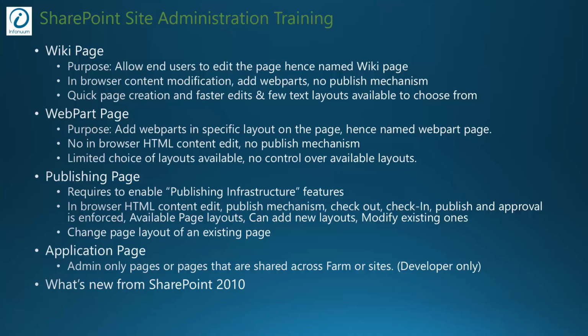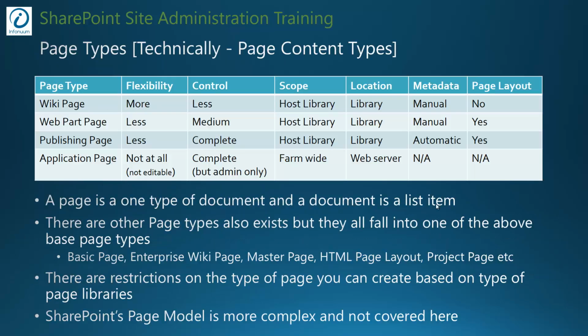So the last one is the application page types. Let's talk about that. If I go back to my previous slide, here it says application page, not at all flexible. There is no flexibility. You have complete control over what the page does, but all the pages are admin only. Also, you cannot edit application pages like all these other three page types.